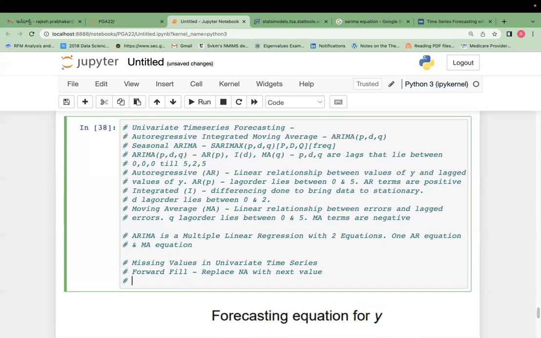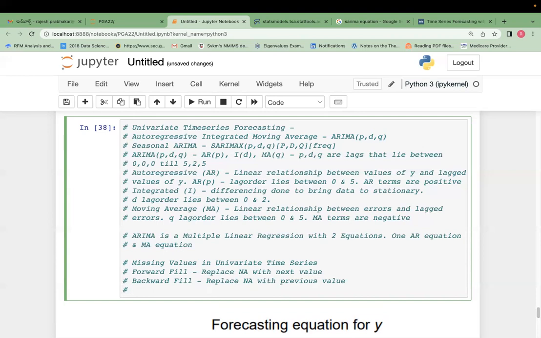We have backward fill, which replaces NA with the previous value.